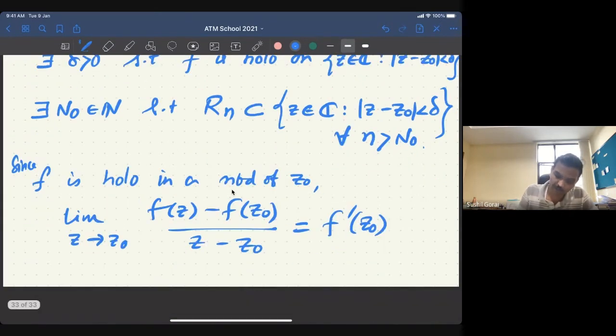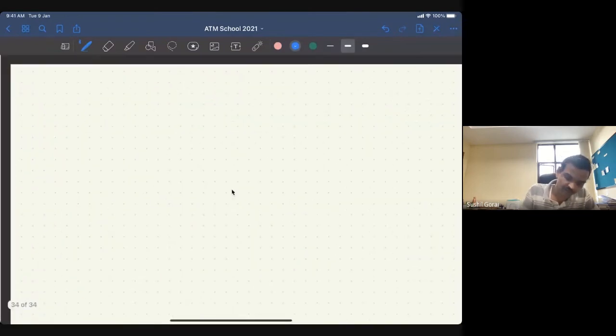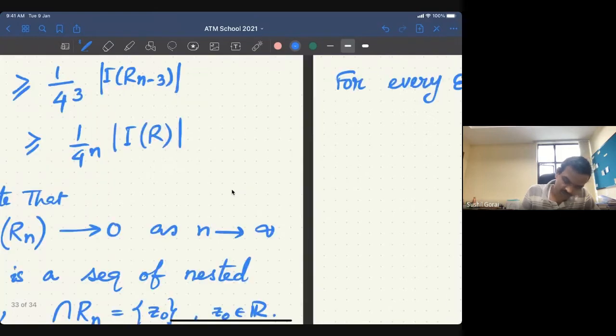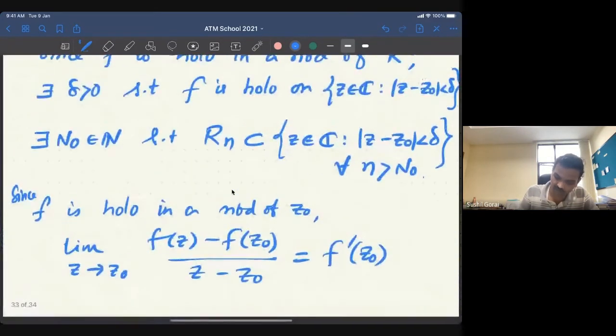All right. So now we use this in terms of epsilon delta. We'll unfold this limit in terms of epsilon and delta.